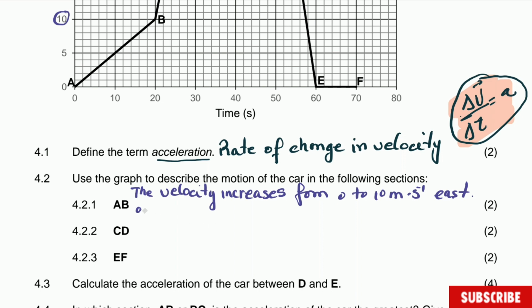Let's write also about the time. It took 20 seconds to increase the velocity, with a constant acceleration.